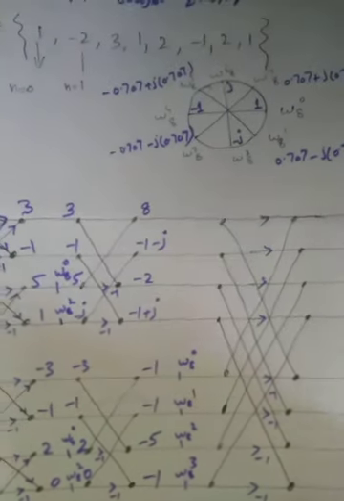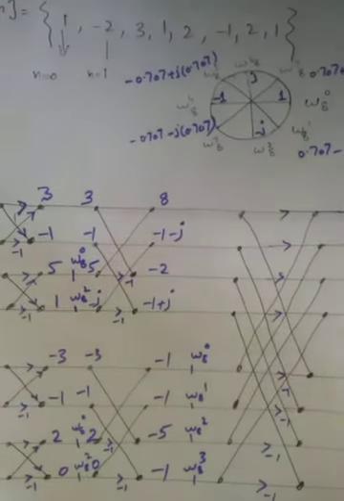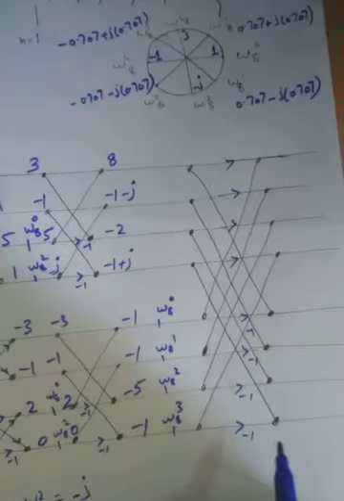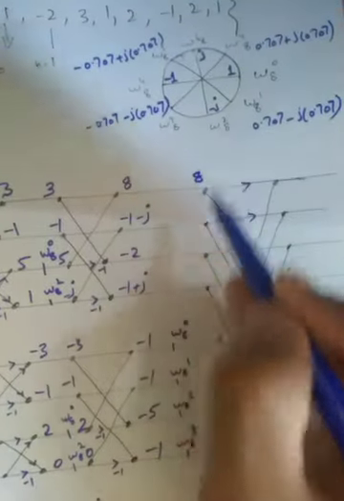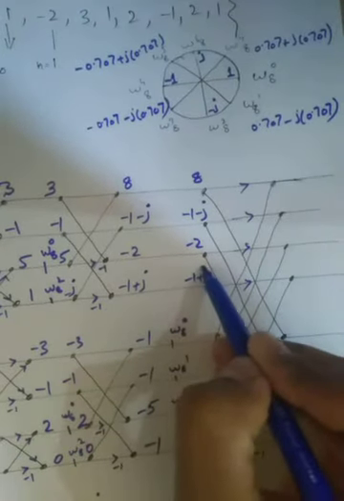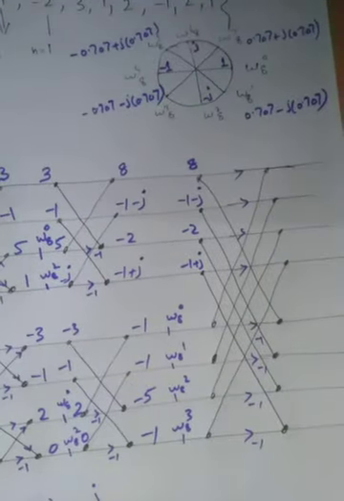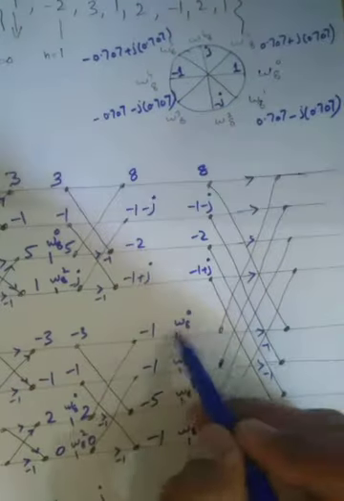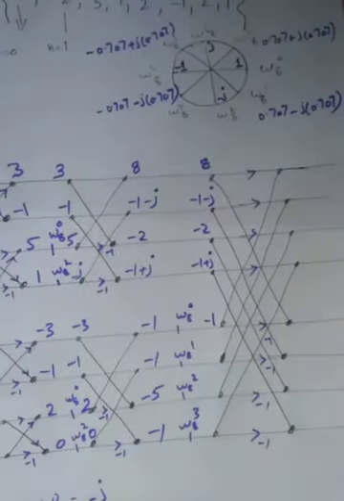In the circle, we already have drawn the values of these. So here we have 8 minus 1 minus j minus 2 minus 1 plus j. And in the next point, W8 of 0 is equal to 1, so 1 times minus 1 is equal to minus 1.